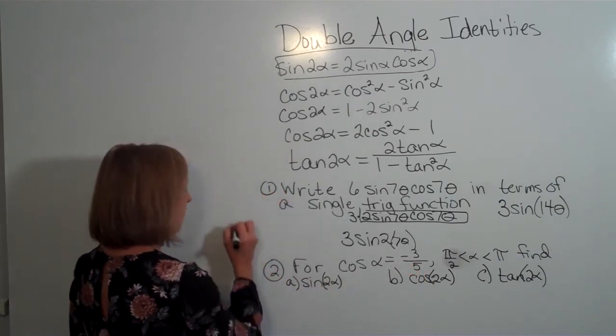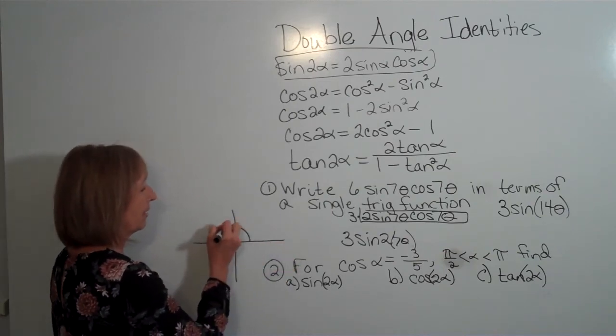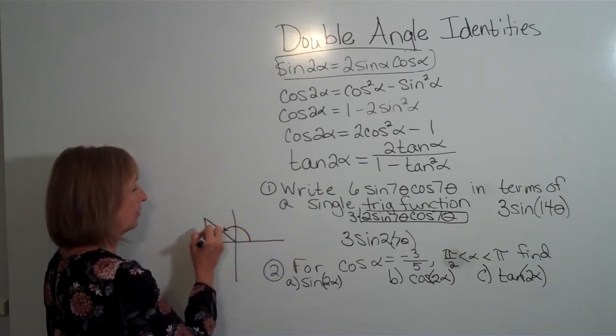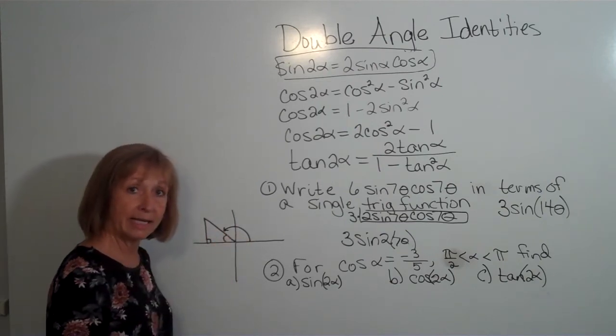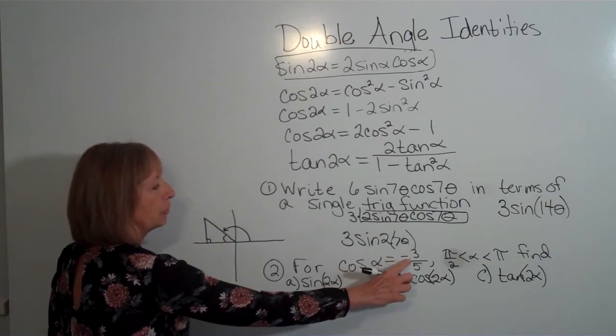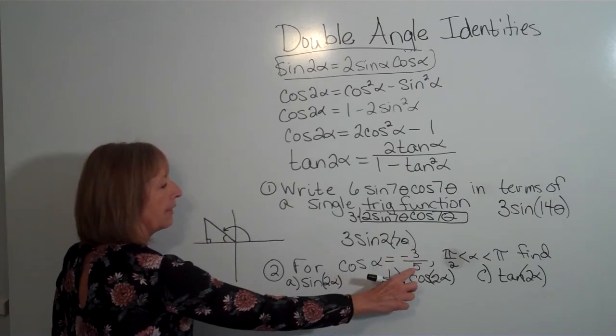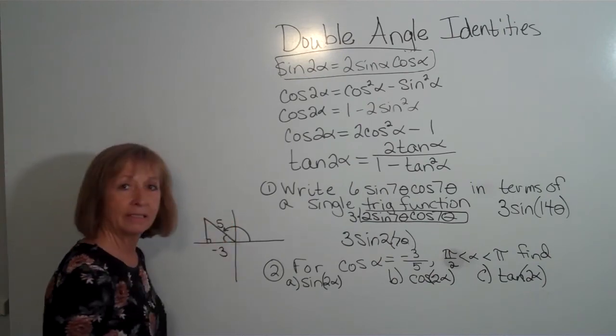Well, if my cosine of alpha is -3/5 and my alpha is a second quadrant angle, my reference angle, remember, comes to the nearest x-axis, and my motion is left 3 and then my hypotenuse is 5.